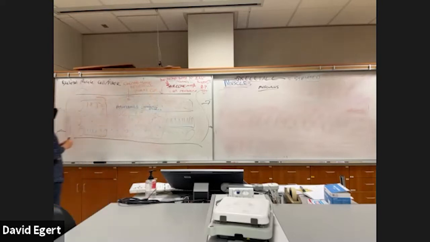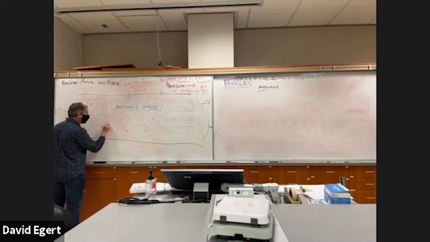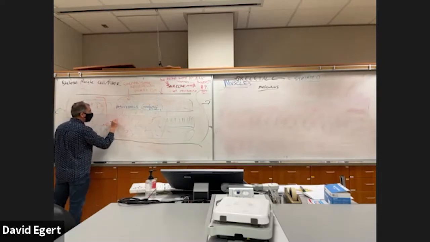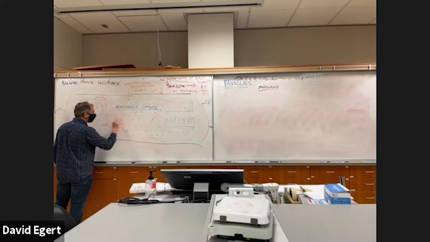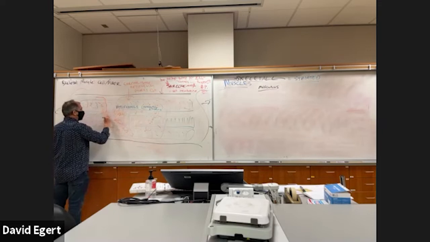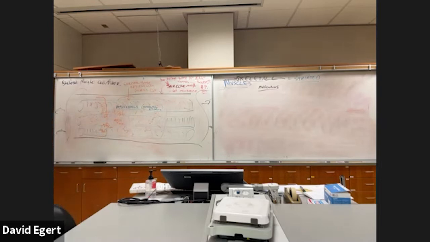Where's calcium? When the muscle is at rest, there are little ATP powered pumps that are just vacuuming up any calcium out of the cytosol and storing it inside. So we have calcium constantly being vacuumed up out of the cytosol and stored in the sarcoplasmic reticulum.